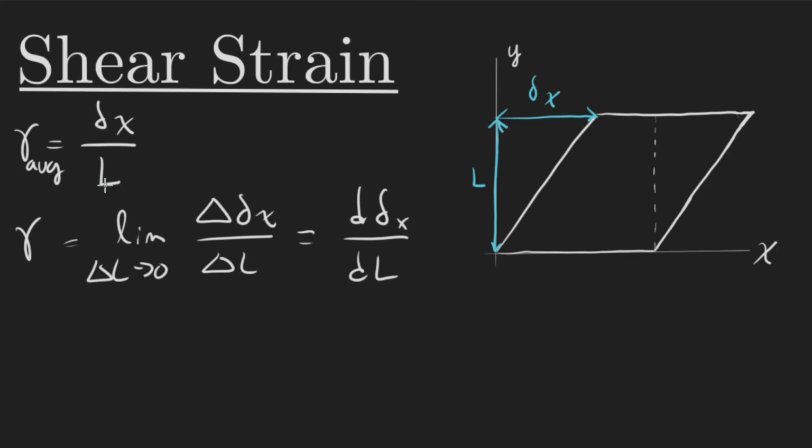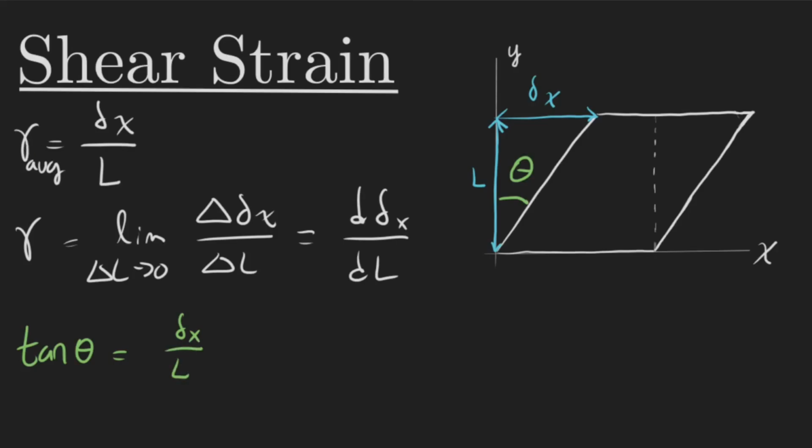However, with the shear strain, because we're talking about such small strains, this angle right here is going to be pretty small, right? Now I know that the tangent of theta is opposite over adjacent, so this equals my delta x over L, which, hey, is our strain.